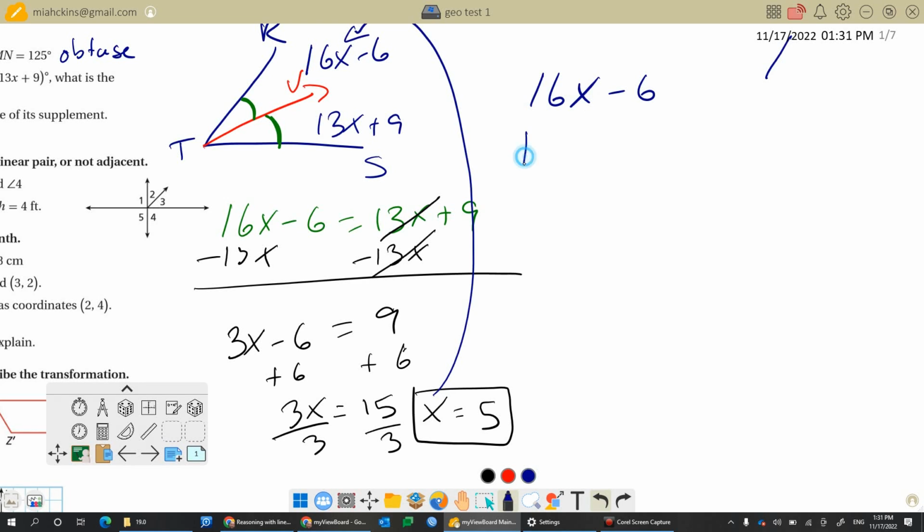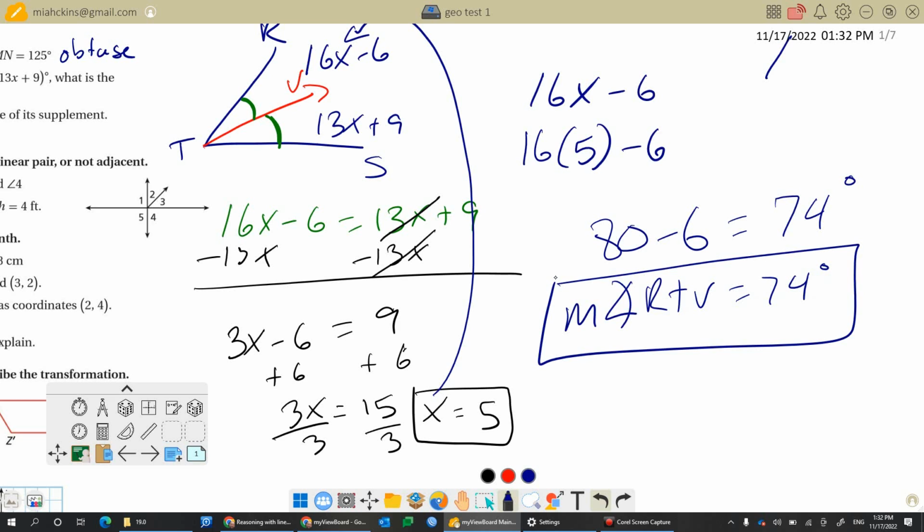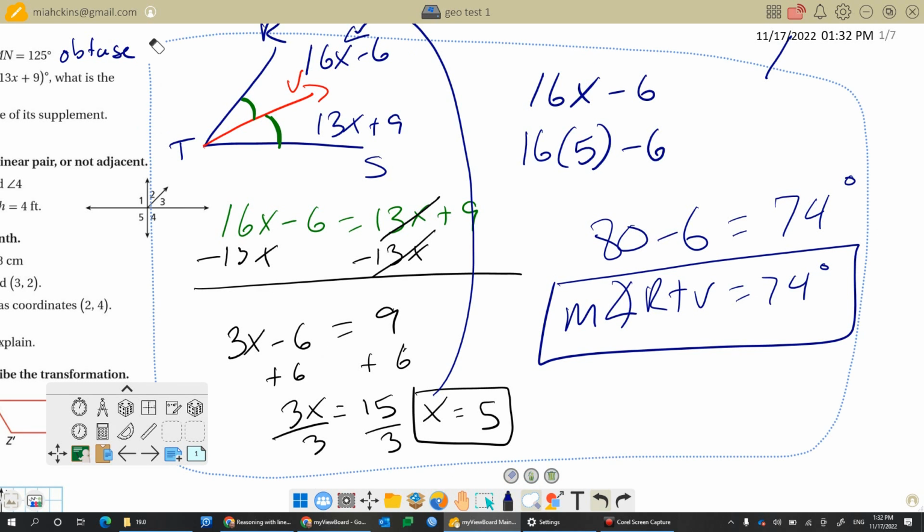We substitute the 5 in. 16 times by 5 minus 6, and so then 16 times by 5 is going to be 80, minus 6 is going to be 74 degrees. And so we say the measure of angle RTV is equal to 74 degrees. And then we will have found the answer to that problem.